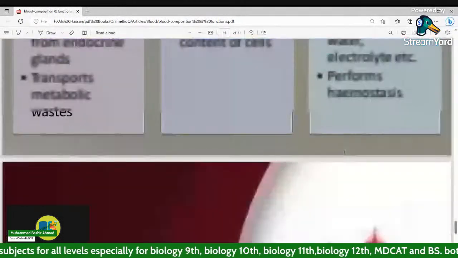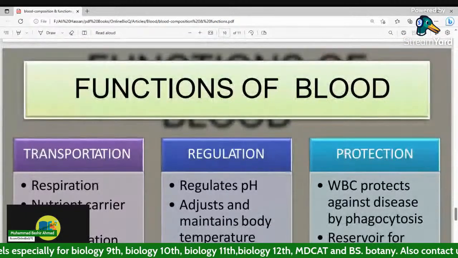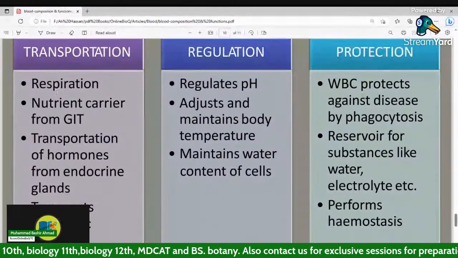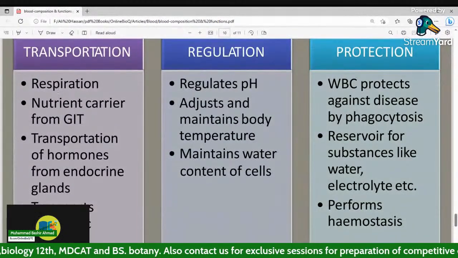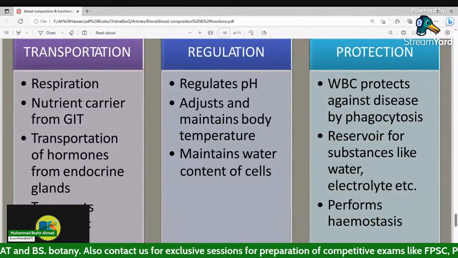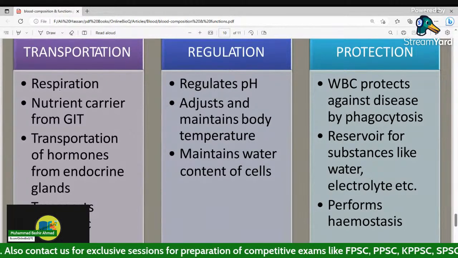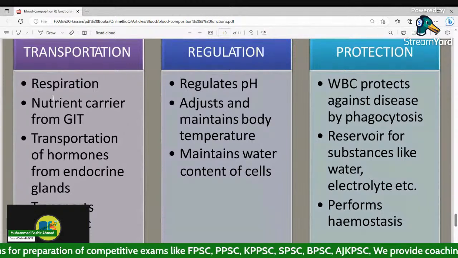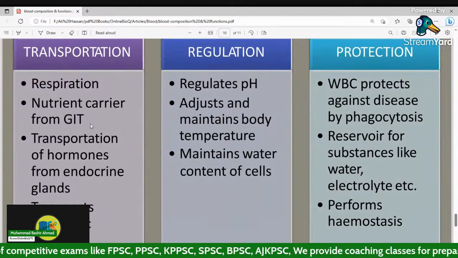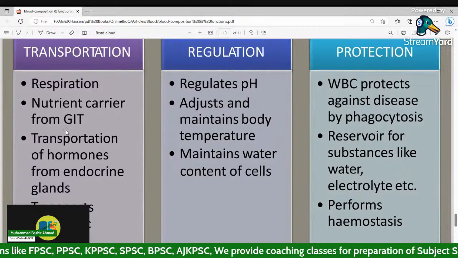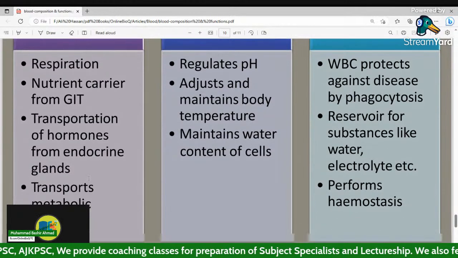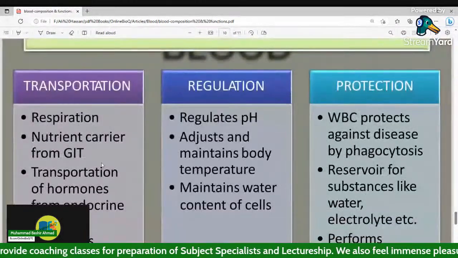As far as their functions are concerned, these have roles in transportation. For example, a role in respiration, carrying and transporting oxygen to all body cells. These are nutrient carriers from the GIT, gastrointestinal tract. These transport hormones from endocrine glands. These transport metabolic wastes.